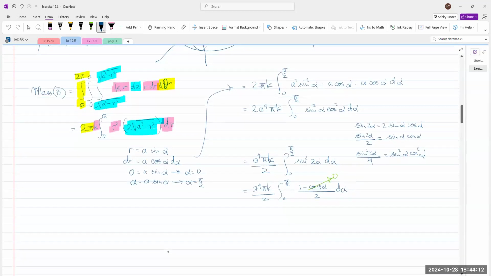So we get a to the 4th pi k over 2 times 1/2 times pi over 2. That's a to the 4th pi squared k over 8. No, I don't like that pi, another pi. But maybe that's the case. So be it. That is for this 15.8.